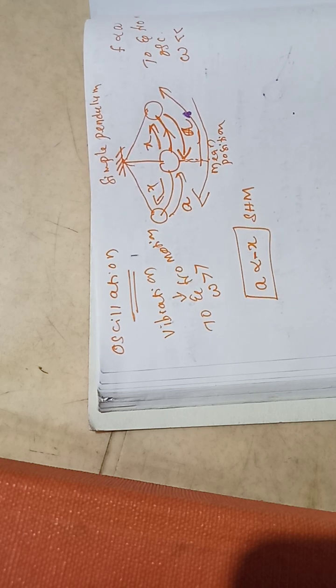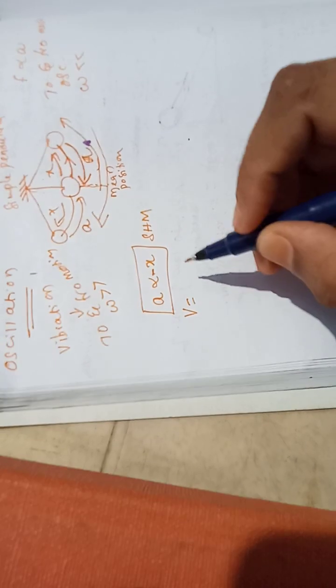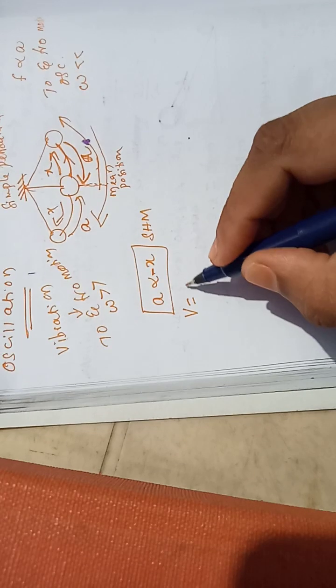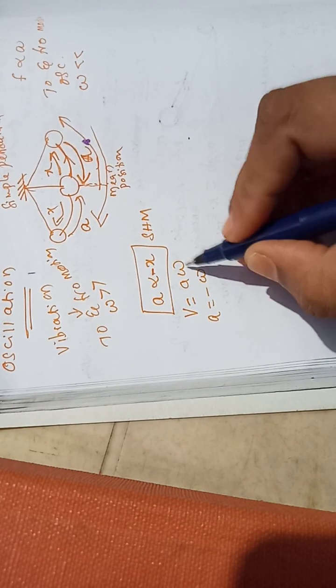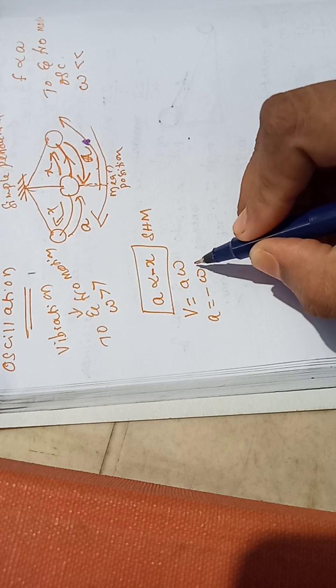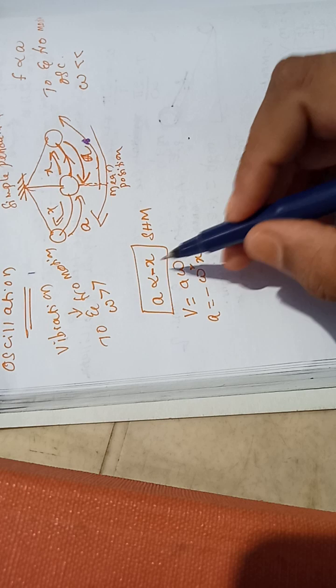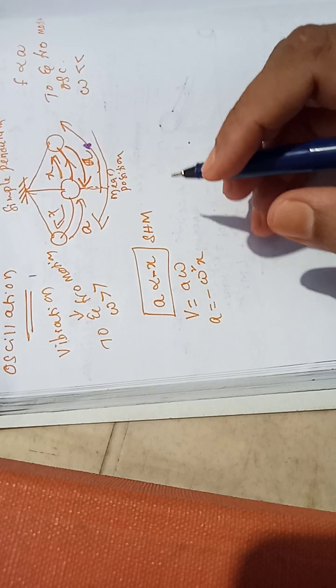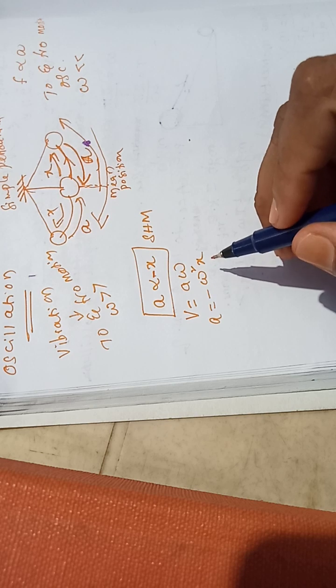Now depending upon simple harmonic motion, the acceleration is written as a equals minus omega square x, where omega square is the proportionality constant and omega is the angular frequency.